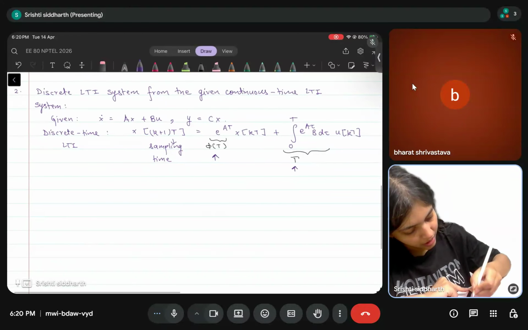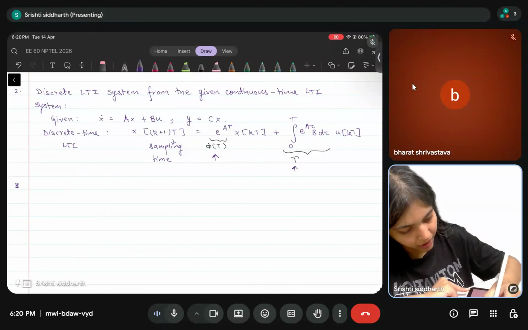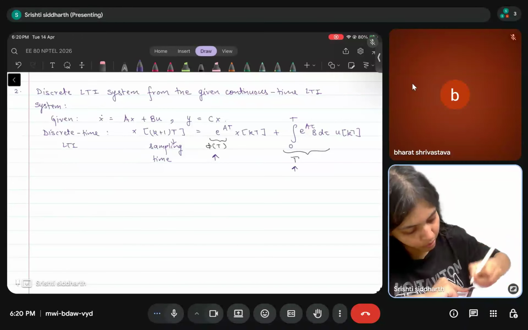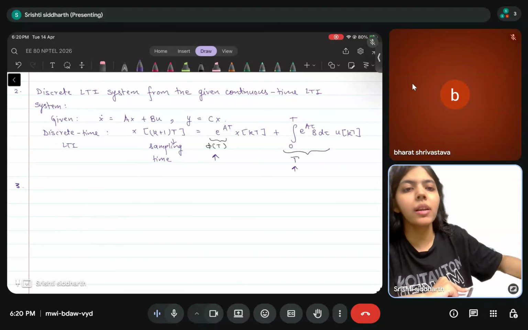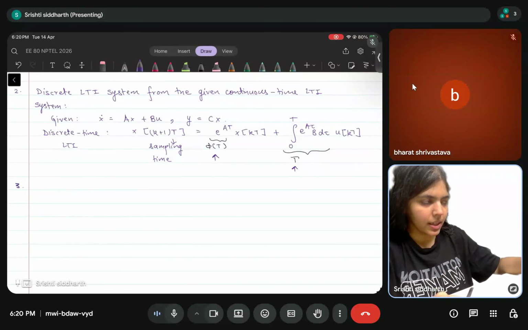Now that we have obtained the discrete time LTI system from the continuous time one, we can discuss the sampling based controllers.